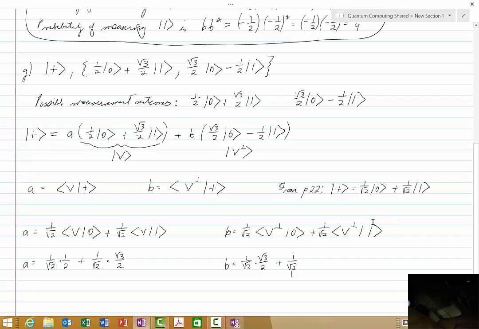And for the inner product of v orthogonal with 1, when we take the inner product of this with 1, we'll get minus 1/2.